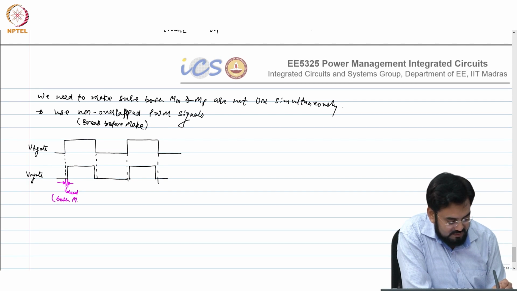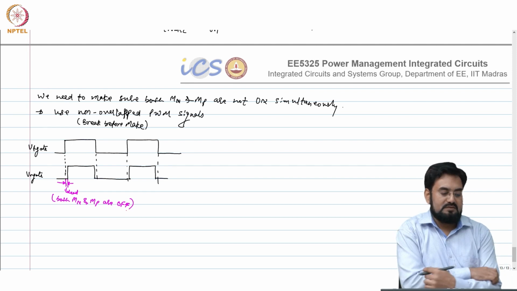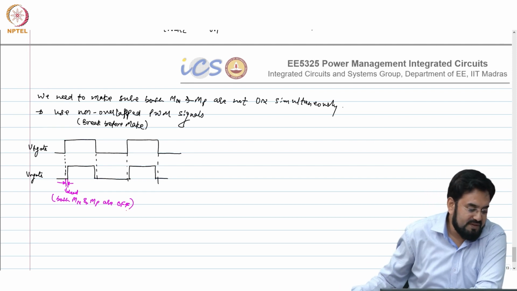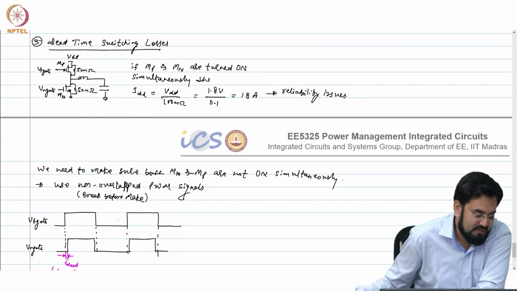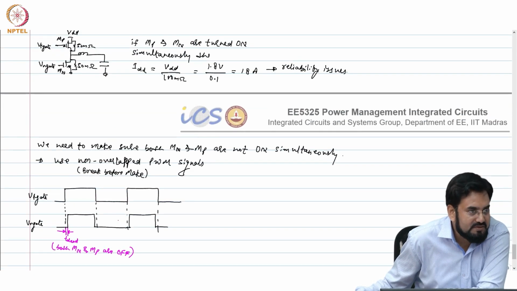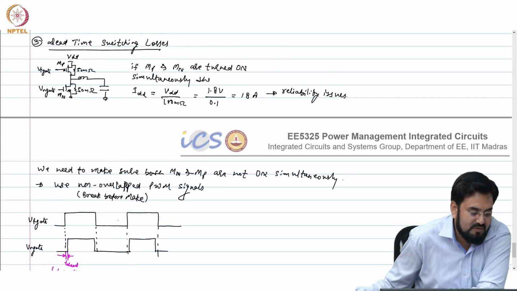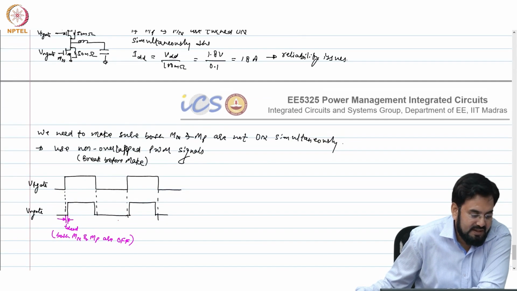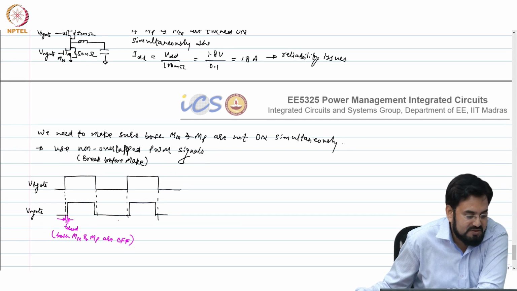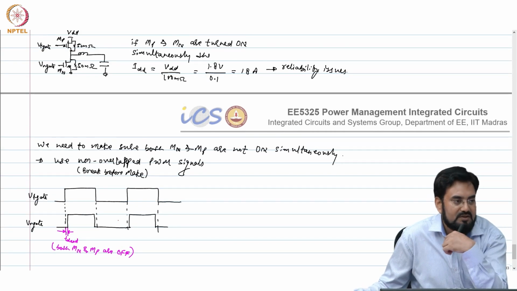Both MN and MP are off. Okay, so when your P gate is low, the load current is flowing through PMOS. And if your N gate is high or bottom switch is on, your load current is flowing through NMOS.